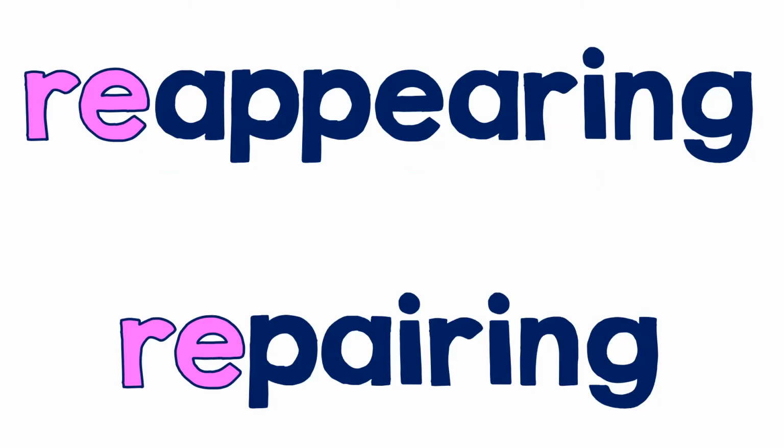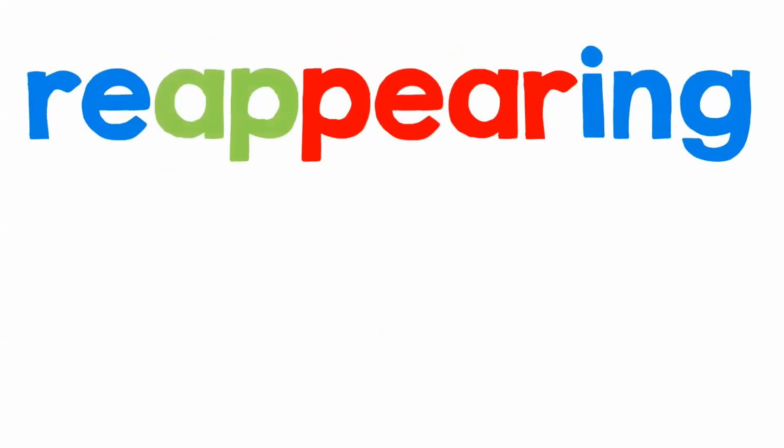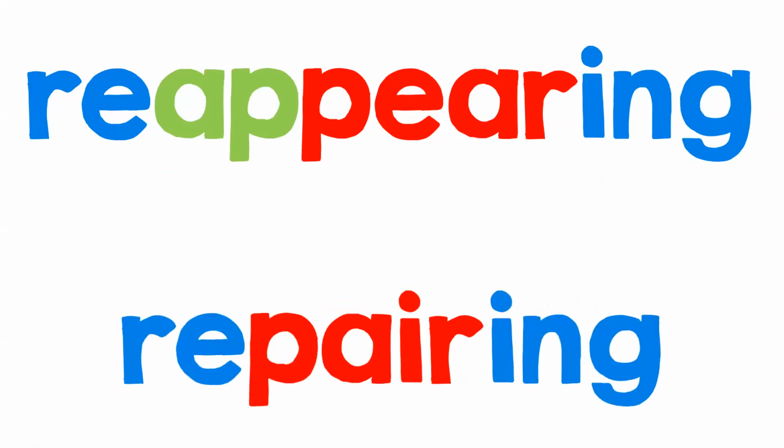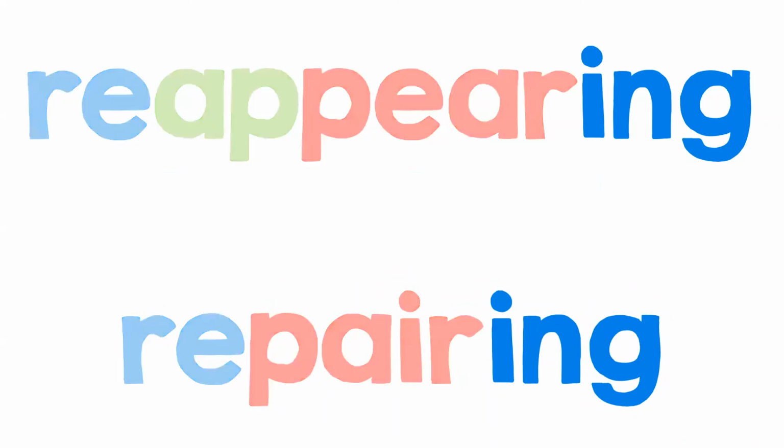And down below you see re and pairing. Reappear. I'm saying pair. Now you got me getting fooled. Reappearing, and that's the trick, because it looks like repairing. The pair, peer. That's something that may have fooled you with this pair of words.